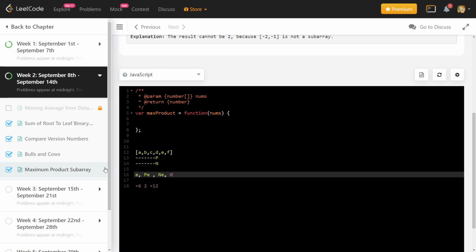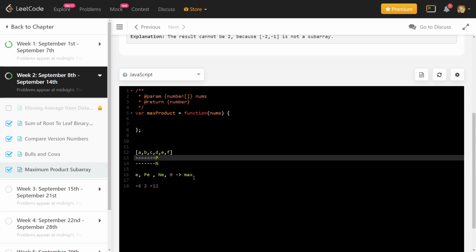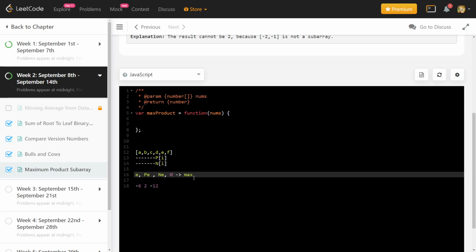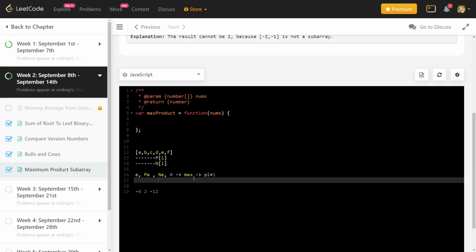If you look at all these values, if you take the max of these, you will get the next P, right? So suppose this was P of I. If you take the max of these values, it will give you P of I plus 1. If you take the min of these values, it will give you N of I plus 1.